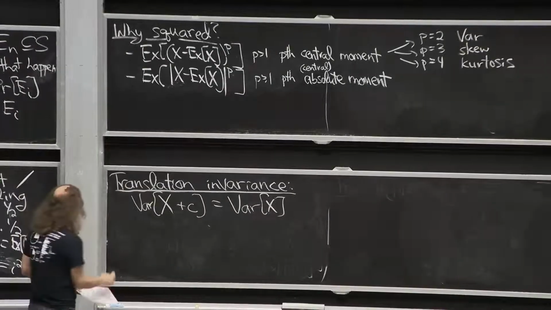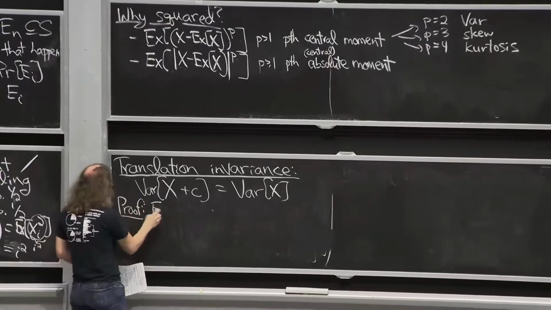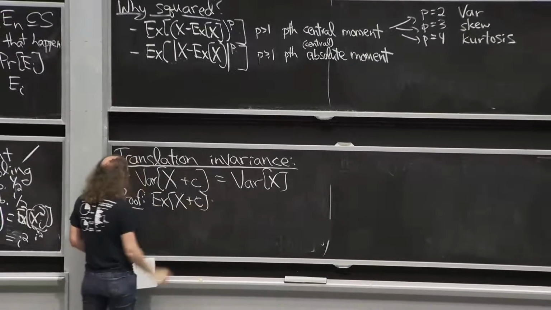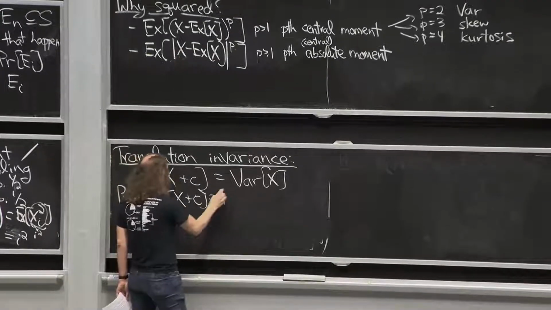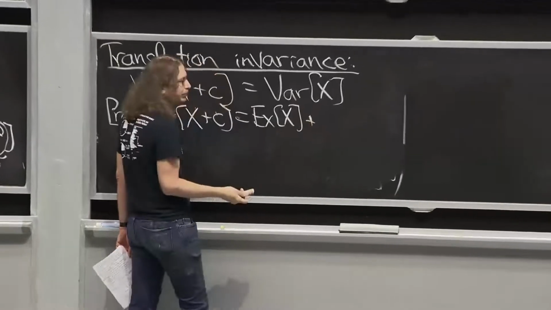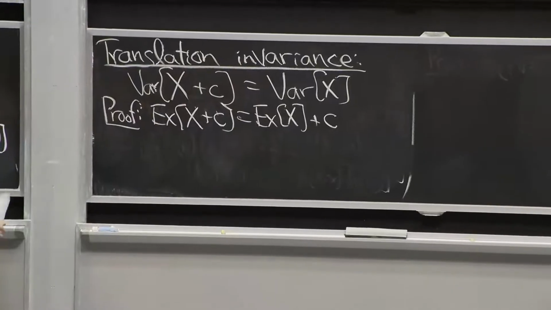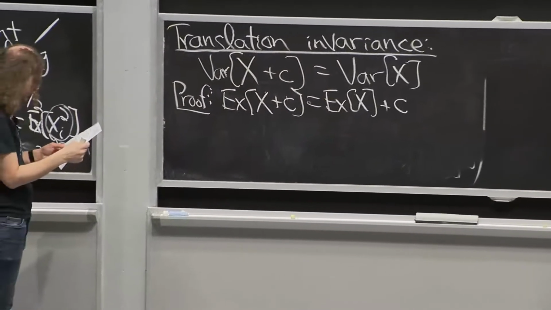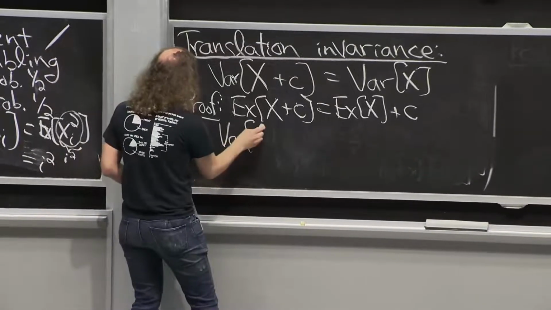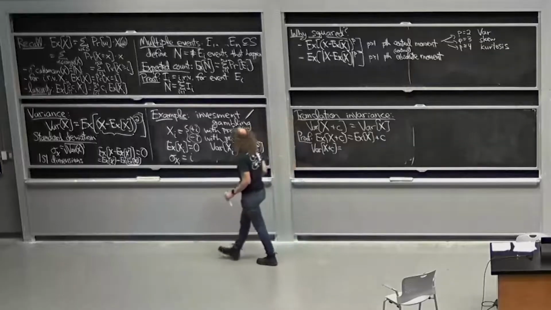So let's prove it. As I said, the expectation, we need that in order to compute variance. Expectation is always what you should do first. By linearity, the expectation of x plus c is the expectation of x plus the expectation of c, but the expectation of c is just c, because it doesn't change depending on the random event. So the variance of x plus c, we just plug in the definition.